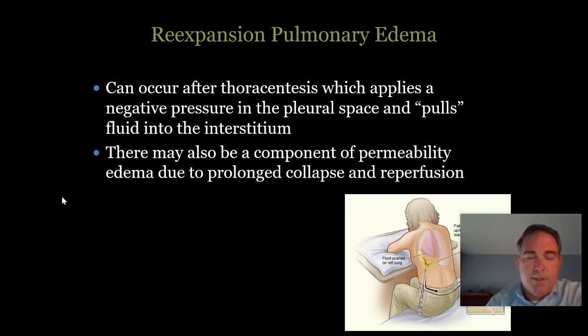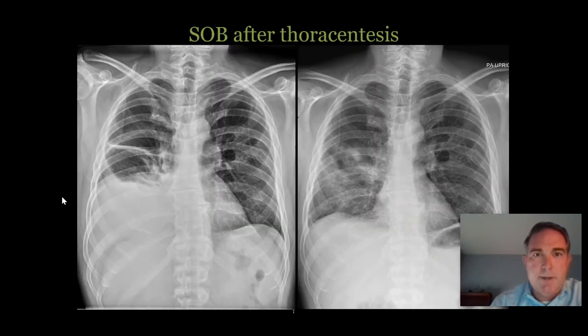Re-expansion edema is something that I'm not sure how common it is. I probably feel like I've only seen one or two good cases after doing hundreds of thoras. It's not sure if it's a combination of the negative pressure that you create by pulling fluid out quickly, the volume of fluid that you pull out, that's why we typically stop at 1.5 liters, or prolonged collapse of the lung and then a reperfusion type effect.